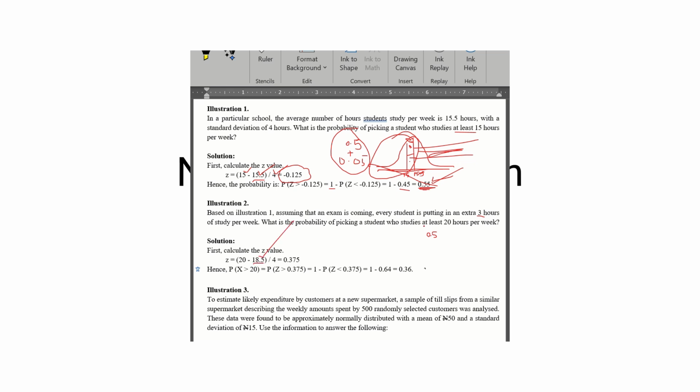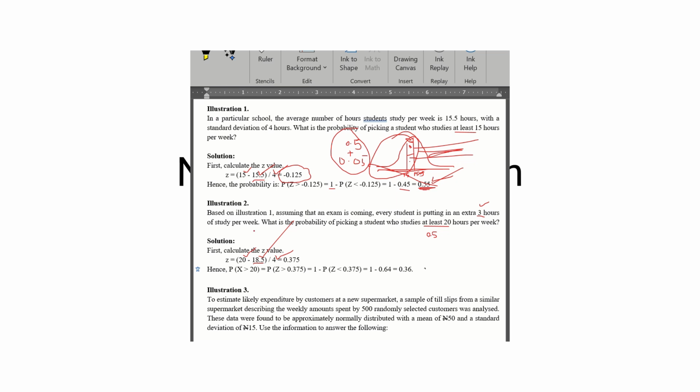Now the question is talking about at least 20 hours. So here we have 20 as our x. The standard deviation remains the same. Why is the standard deviation remaining the same? In as much as everyone increased by 3 hours, the deviation of one student's hours from another is not changing, because everyone has increased by the same 3 hours.